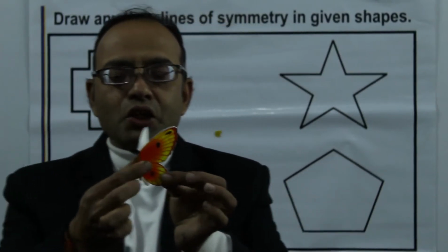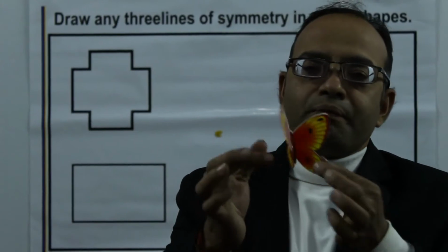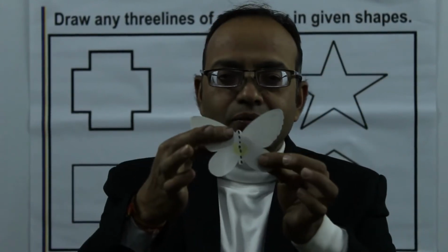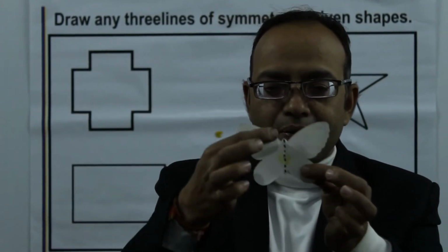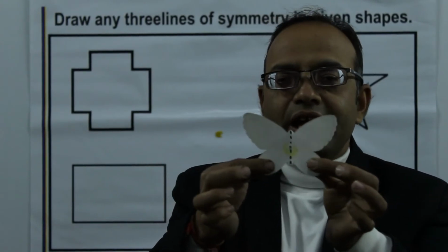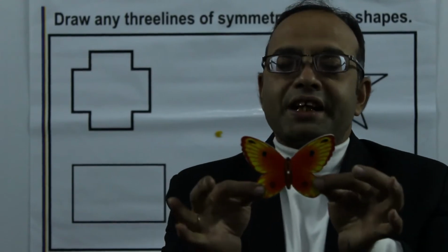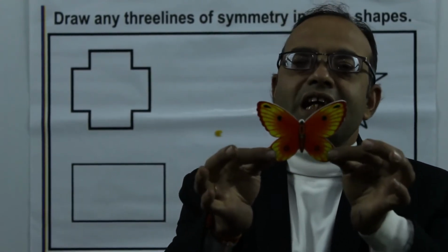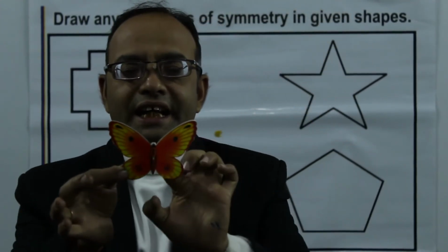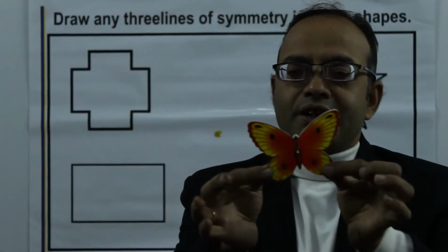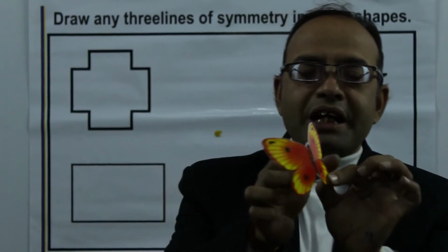And a figure showing a symmetrical line, it is given the symmetrical line and it has the symmetry. So it is a symmetrical figure and it has symmetry. And we can draw the line of symmetry.